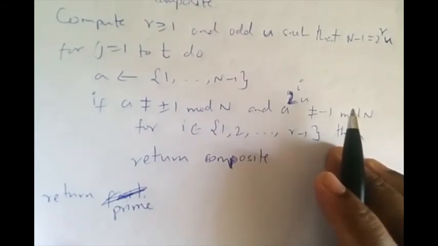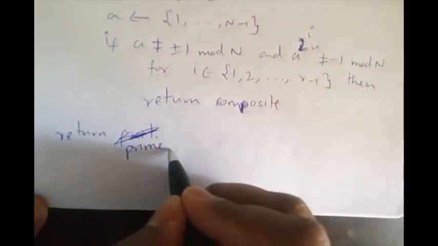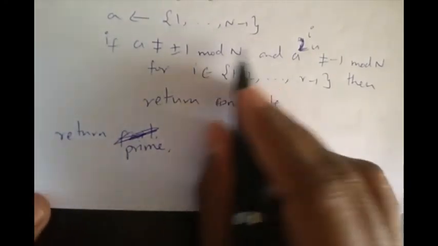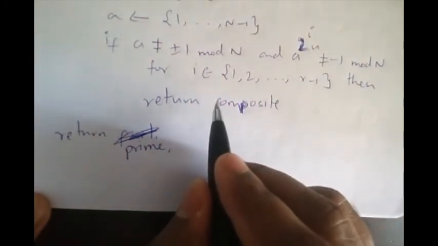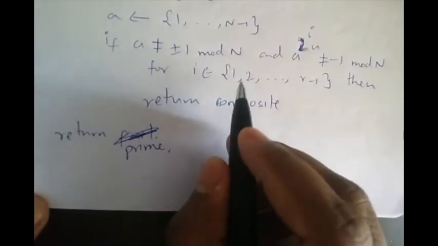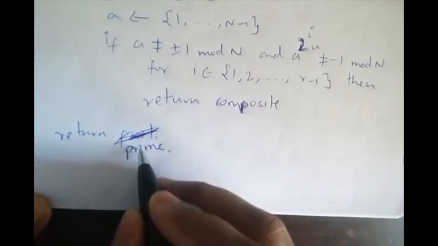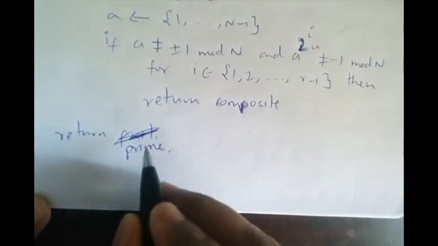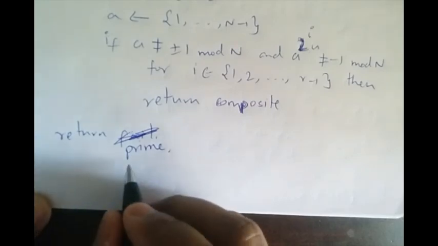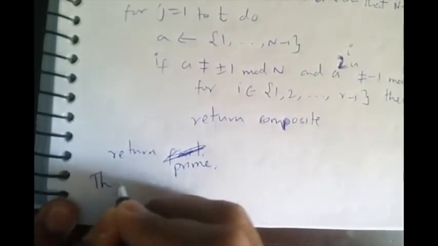Now coming back to the theorem, this is going to check if something is a strong witness or not. So how confident can we be in this check? That is, what is the probability with which, if n is composite, this algorithm will return prime? Let me just repeat the theorem here for completeness.